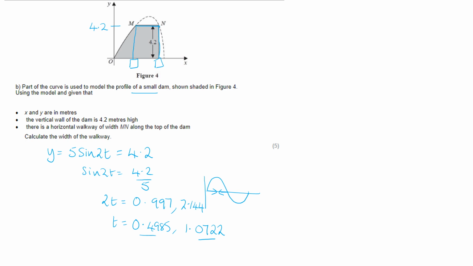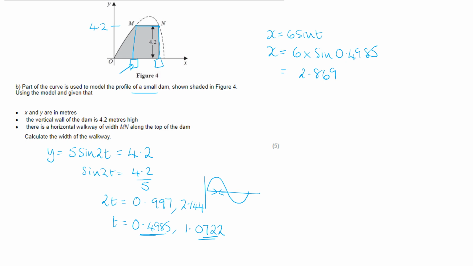So the other parametric equation was that x is equal to 6 sine t. So we're just going to put each of these in. X is going to equal 6 times the sine of 0.4985, which is equal to 2.869. So that will be that one there, the first one.